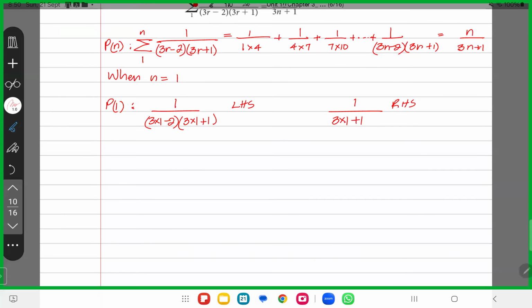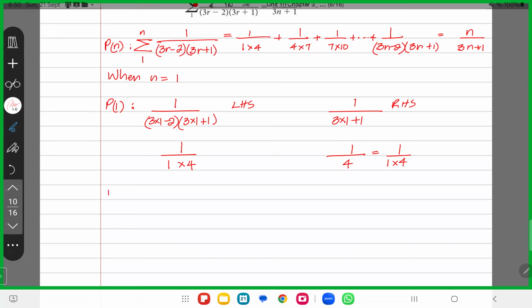Over the left, this works out to be 1 over 1 times 4. On the right, it works out to be 1 over 4, which is essentially just the same as saying 1 over 1 times 4. So when n is 1, both the left-hand side and the right-hand side are equal.